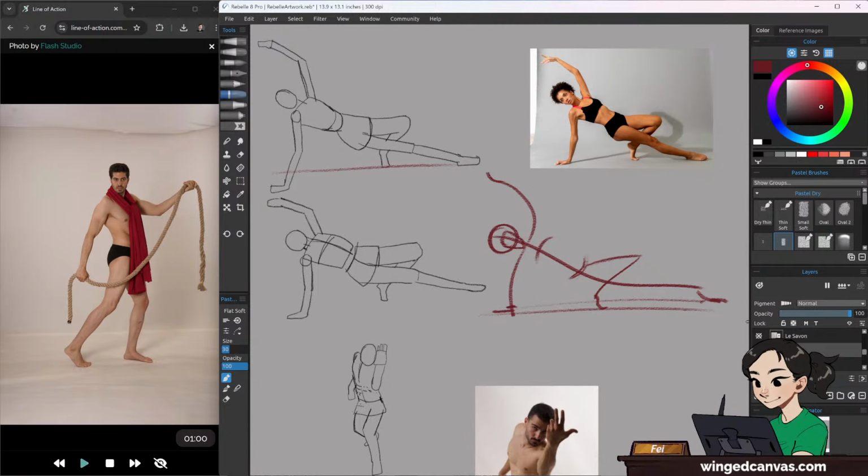So for example, if you could only describe the pose with one line, what would that be, right? Probably a scribble gesture. But if you could only describe the pose with one line, what would it be?